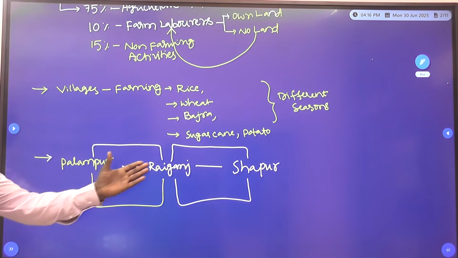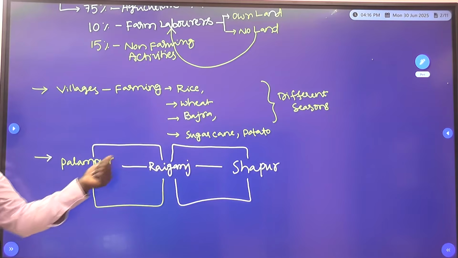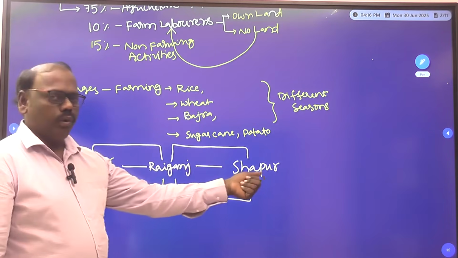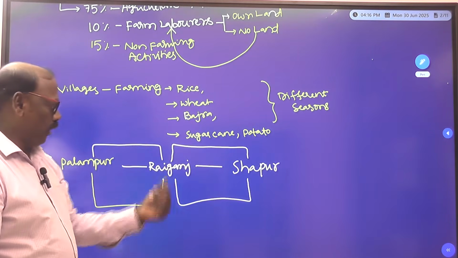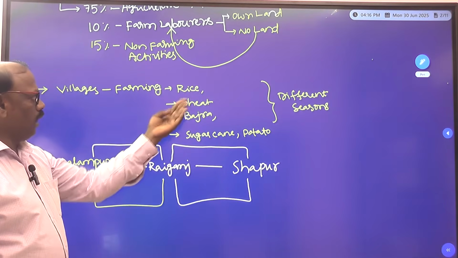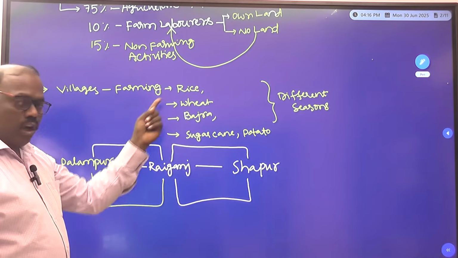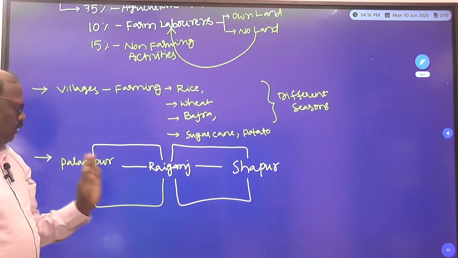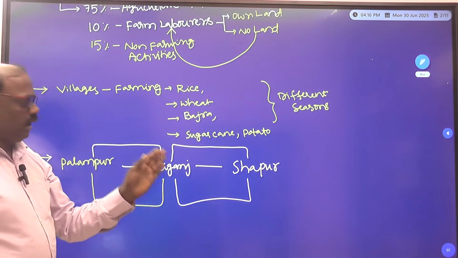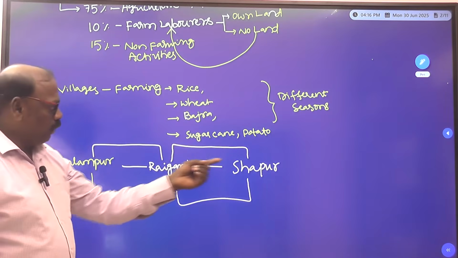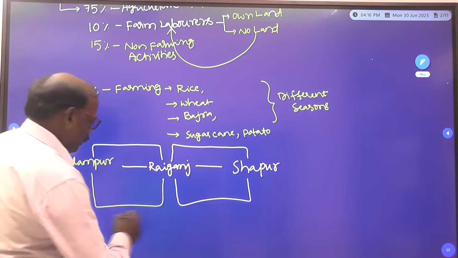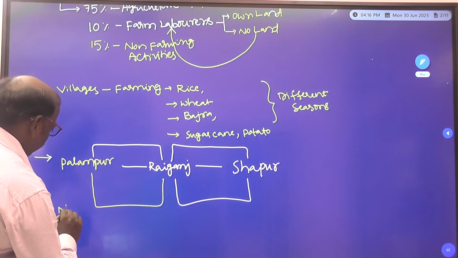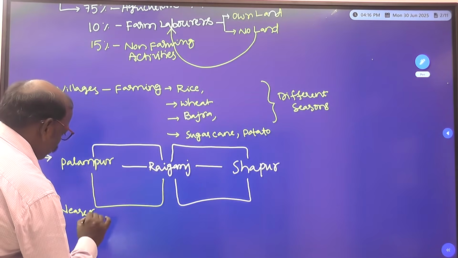We will see how the transport happens between Palampur, Raiganj and Shapur. Because of the farming they are doing, rice, wheat, bajra, whatever surplus they have, they need to sell somewhere. Obviously at that time, the Shapurs are the nearest towns.